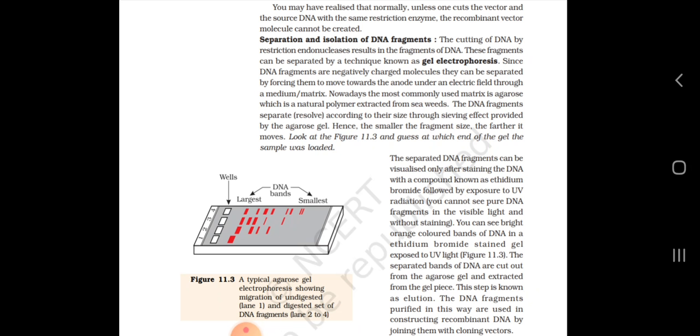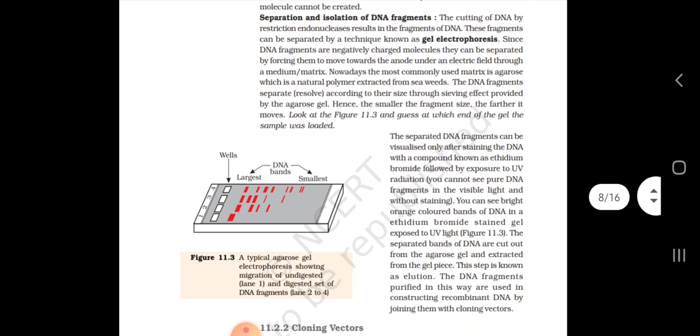Now this matrix used is commonly agarose, which is a natural linear polymer of D-galactose and 3,6-anhydro L-galactose, and it is extracted from seaweeds. The DNA fragments separate out according to their size because of the sieving property of the agarose gel.